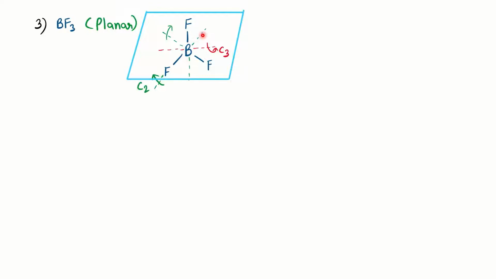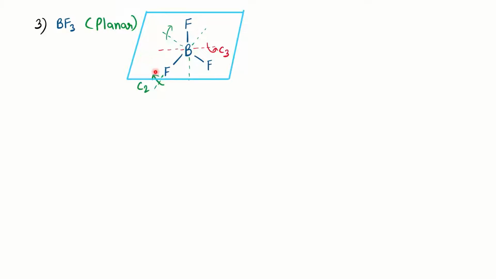Here the C2 axis is passing through boron and one of the fluorines. The atoms which are on the C2 axis of rotation stay constant, and you can imagine the 2 fluorines behaving the same as in the water molecule. So it has 3 C2 axes respectively.